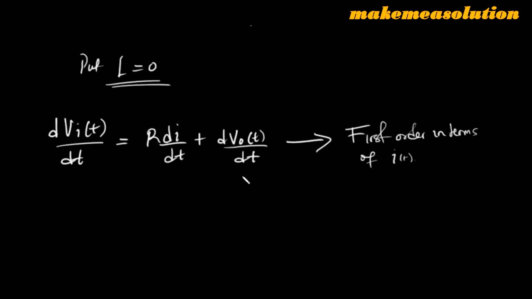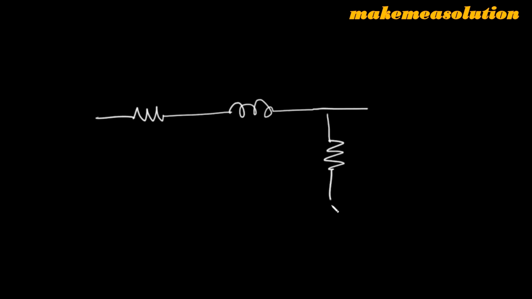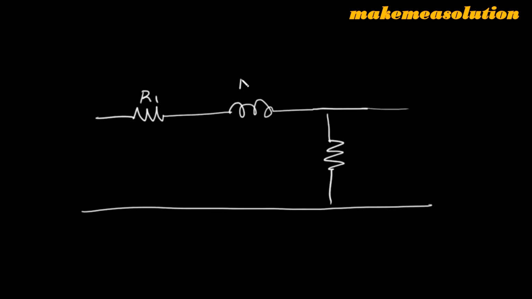So this brings us to the end of analysis and modeling of systems for now. I hope you might be able to practice some more examples. What if a system was actually represented like this? Okay, and instead of a capacitor, you have a resistor here. So let's say you have R1, L1, and you have something like R2. So let's say you have a V1 and you have a V2 at this end.